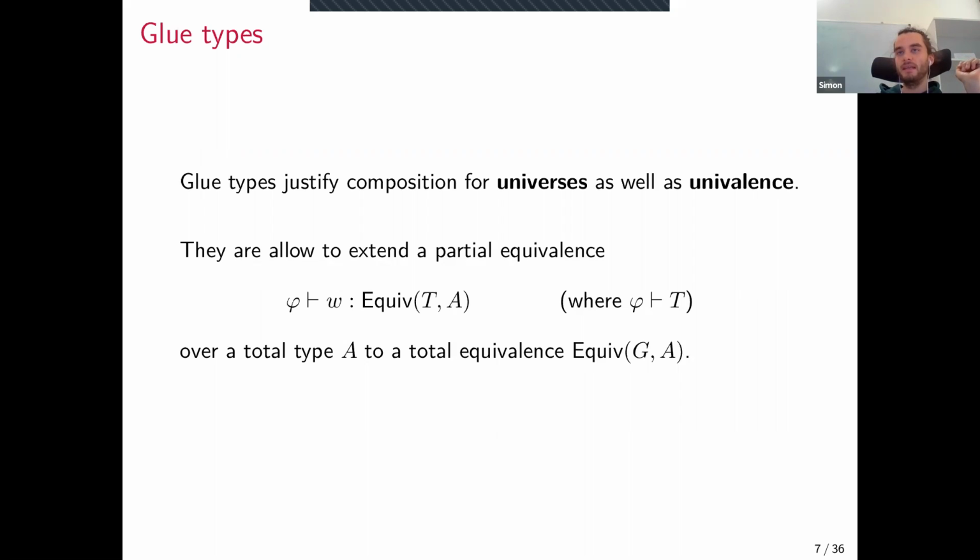First I will get a type G, which is total, not in the restricted context, and I will also have a witness that G is equivalent to A. And if I restrict this, this restricts to W.